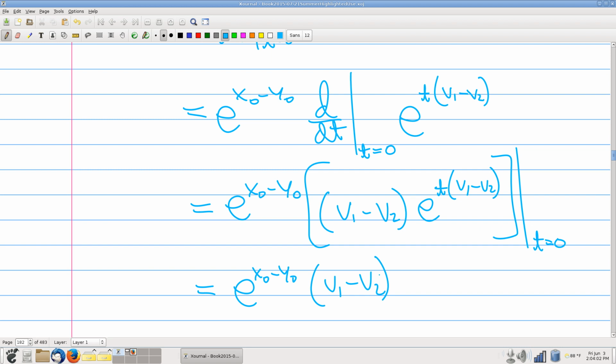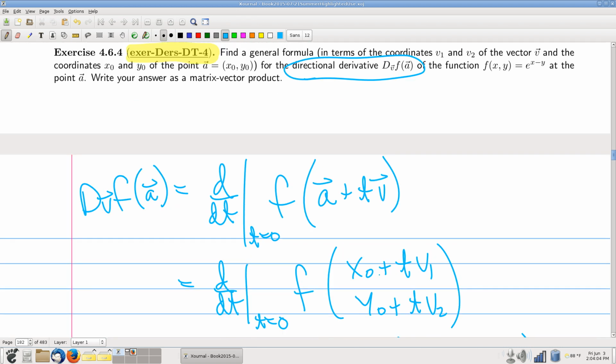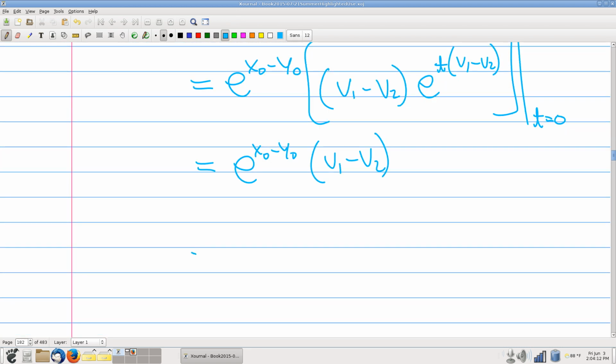Now, that's kind of the answer, but the question asks something a little bit more specific: to write your answer as a matrix vector product. So in particular, I want to view this as being some matrix times (v1, v2). Right? And you can just strategize and think, all right, what in some sense has to be in each of these places?